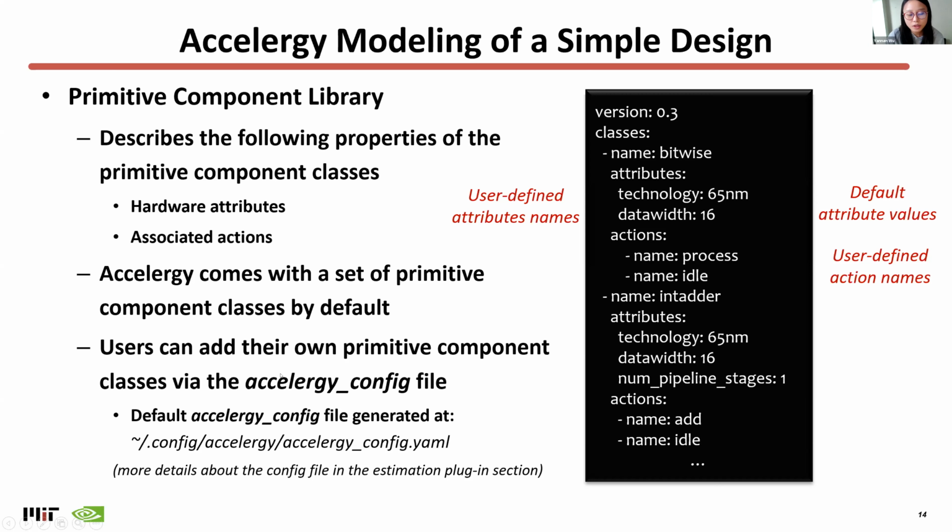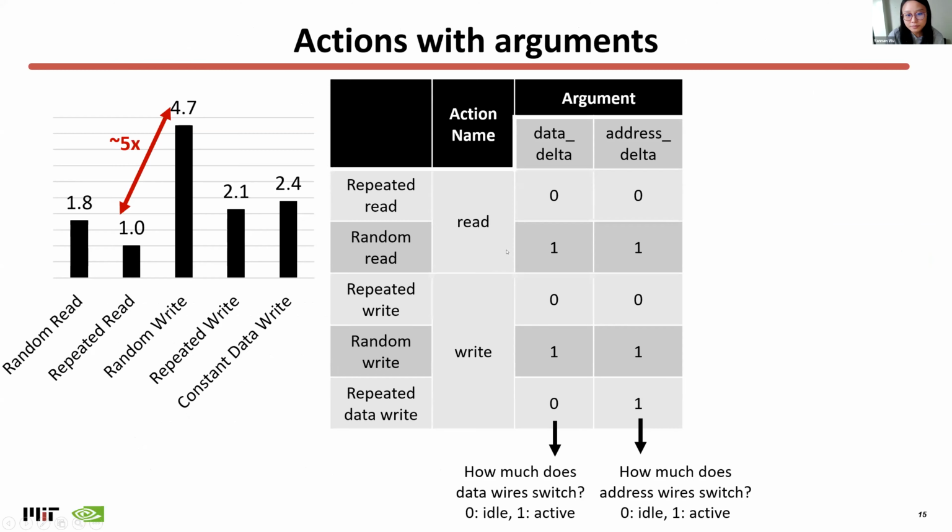I'll talk more about the config file later, but the config file basically specifies where you can find the different primitive component class specifications, and by adding your own primitive component class specification file, Accelergy will have a wider knowledge of what the available primitive component classes are.